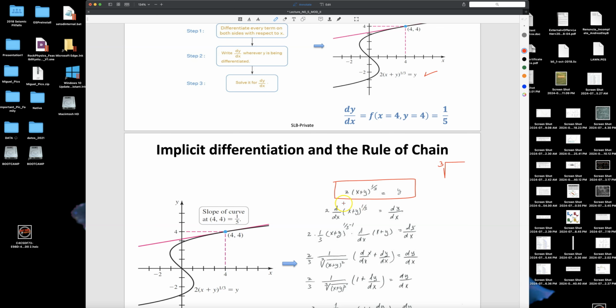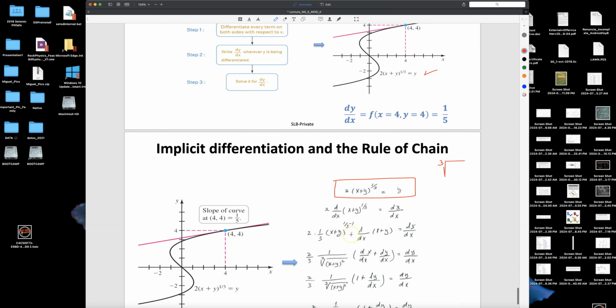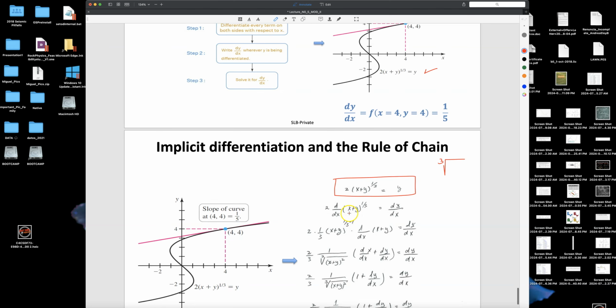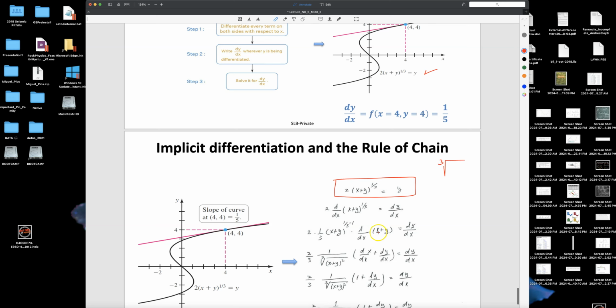So what is the derivative of a power? Well, we bring down the exponent 1/3, and then we have 1/3 minus 1. You got it? Times the derivative of the internal function. What is the internal function? x plus y.